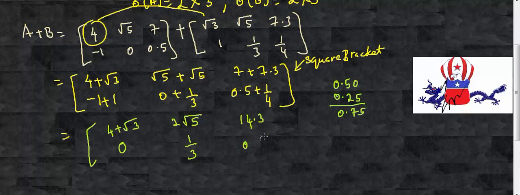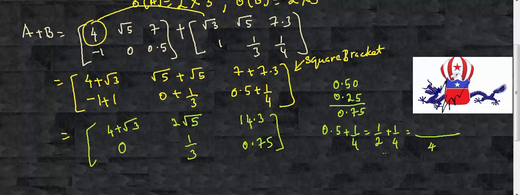You can either place it like this, 0.75, or if you're not comfortable, follow it up with fractions. The LCM would be 4, so 2 plus 1, which would be 3 divided by 4. In either way, the answers are accepted.